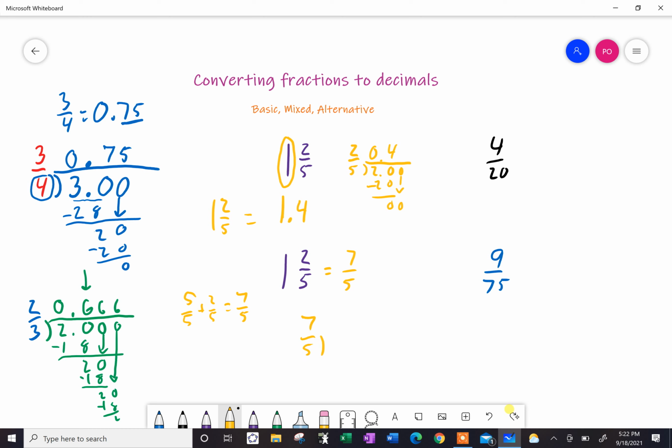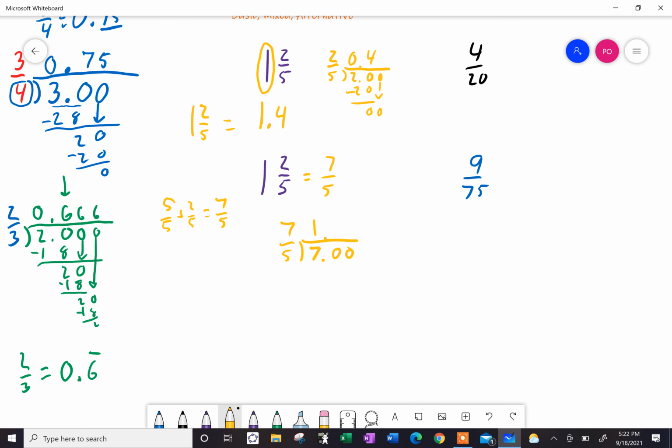Now watch what happens when I divide this. Oops, that's a mistake. I get 7.00. 5 goes into 7 once. That's different from every other time, but that's because my numerator is greater than my denominator. So 5 goes into 7 once. 1 times 5 is 5. 7 minus 5 is 2.